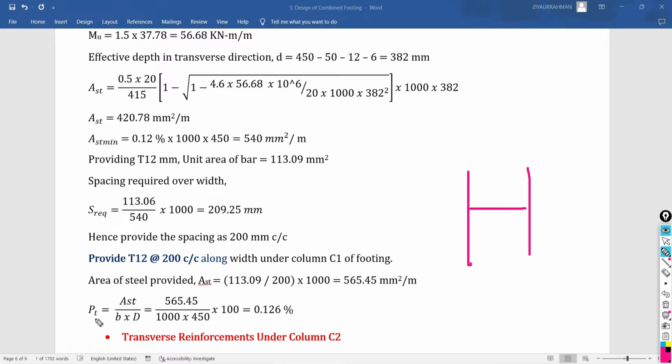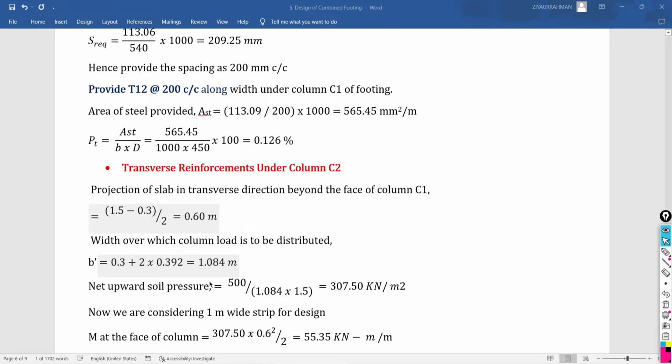Okay. Now the percentage of reinforcement provided, area of steel divided by B into D, you are getting the percentage of reinforcement provided as 0.126. The demand is minimum 0.12%. So we are providing a higher percentage than your minimum requirement. Hence we are going to say that the provision is safe. The same calculation we have to do for column number C2.